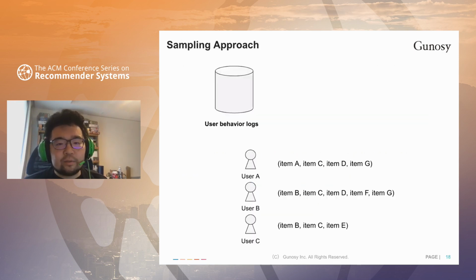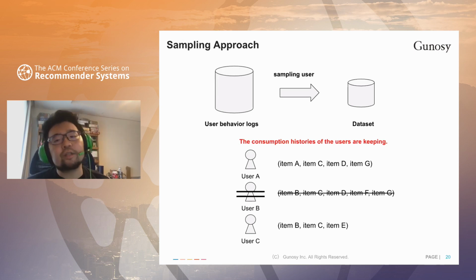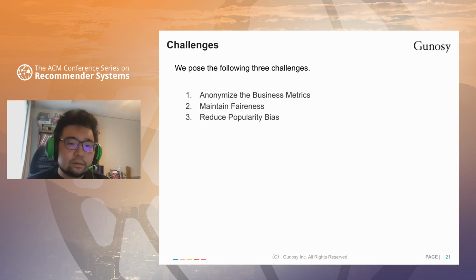To explain this approach, we show an example where the user behavior log includes these 3 users' histories. If the user behavior log is sampled directly, the consumption histories of the users are missing. To keep the consumption history of users, we sample users and collect logs associated with the sampled users.